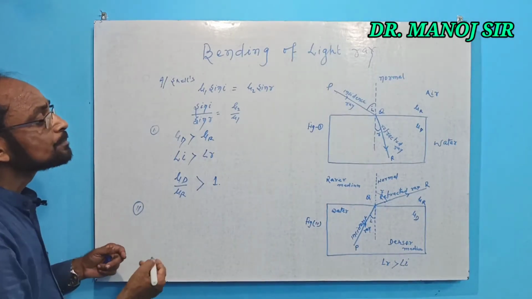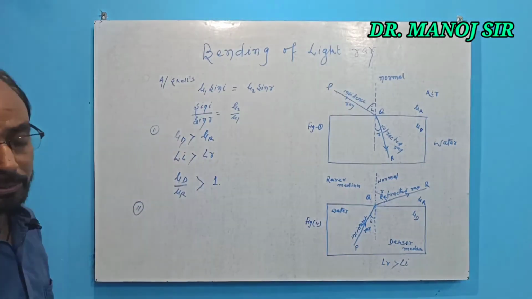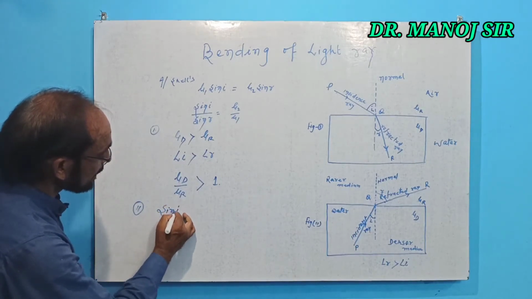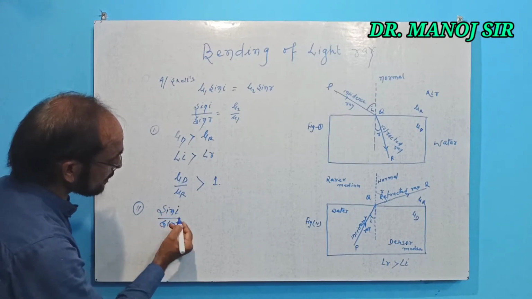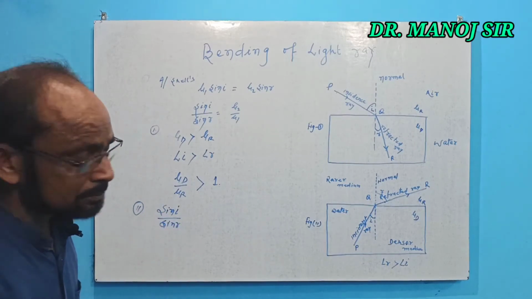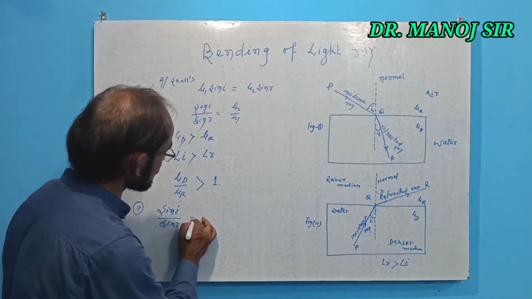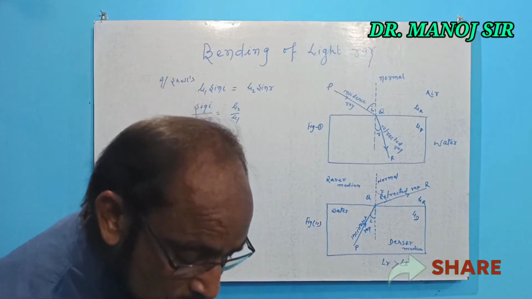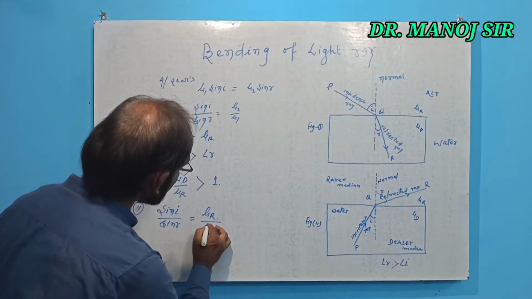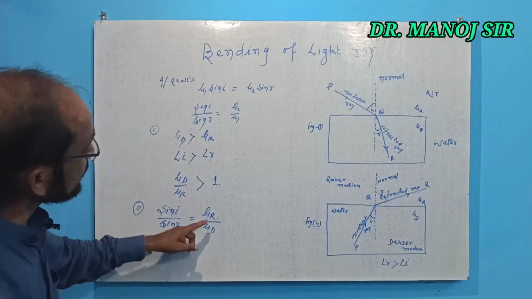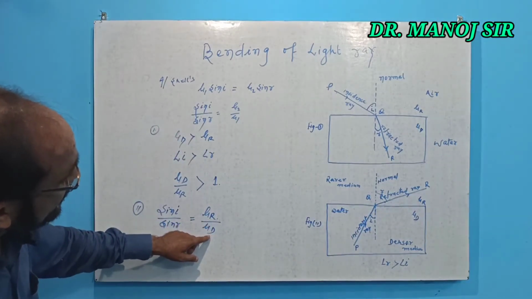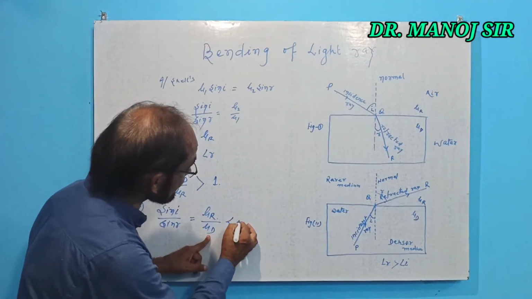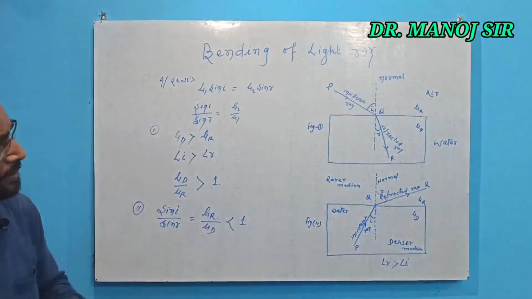According to Snell's law, sin I upon sin R is equal to mu R upon mu D, rarer index by denser index, which is larger than 1.